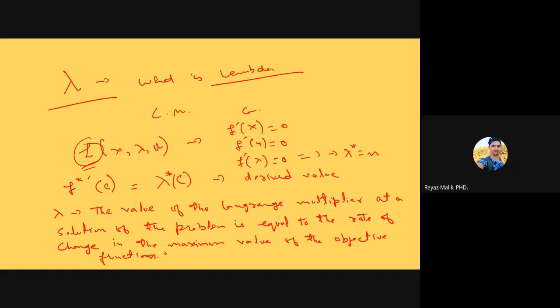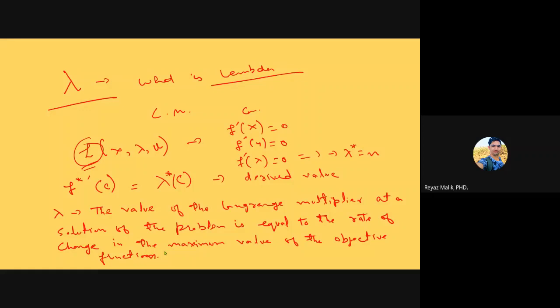Lambda will tell us when x changes by 1 unit, how many units the output will change. So lambda will tell us the rate of change in the maximum value of the objective function, at what rate the objective function will change with the unit change in the constraint. Somebody please switch off your mic. So this is the definition of lambda.